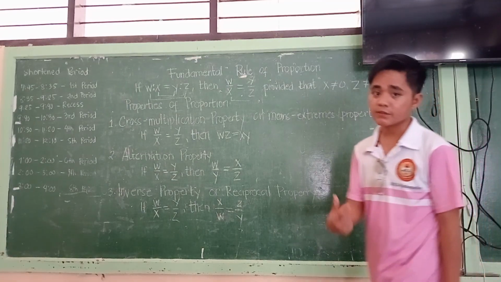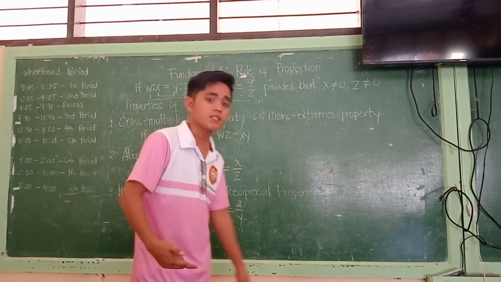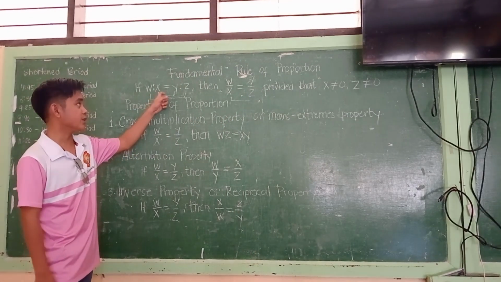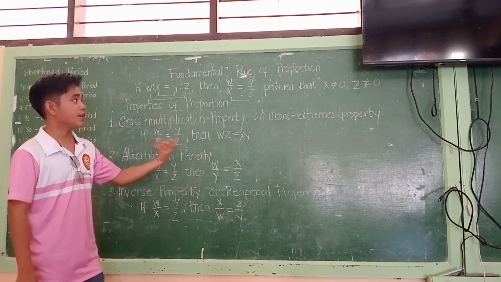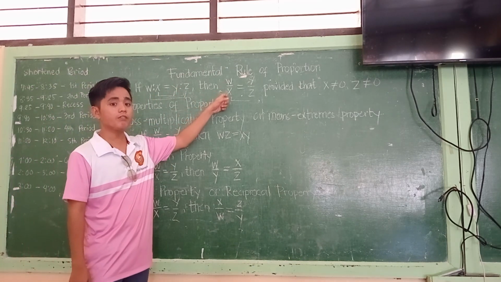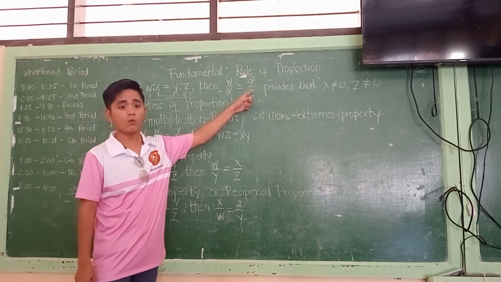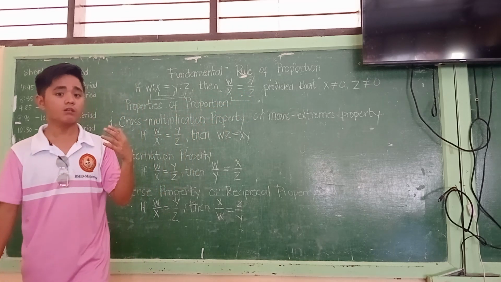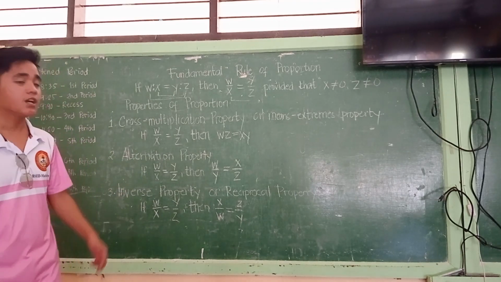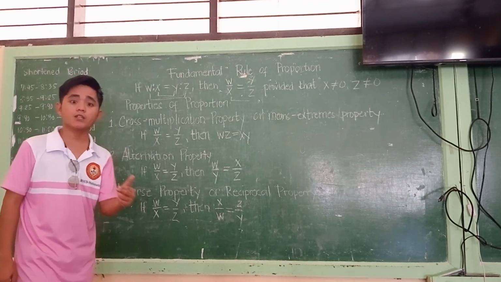The fundamental rule of proportion states that if W is to X is equal to Y is to Z, then we could rewrite this proportion into W over X is equal to Y over Z. Now don't be confused, because in writing a proportion in mathematics, there are a lot of ways to be considered.